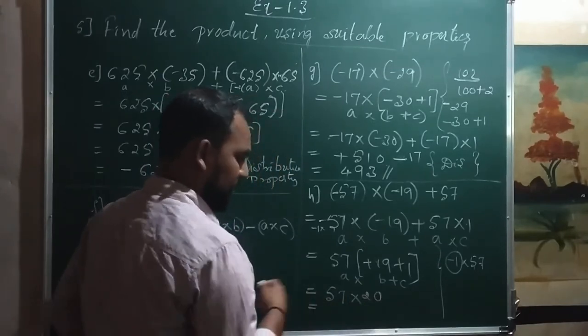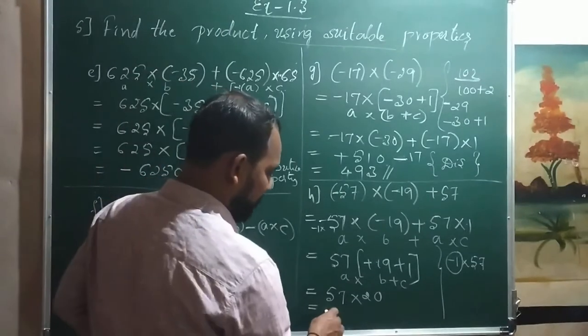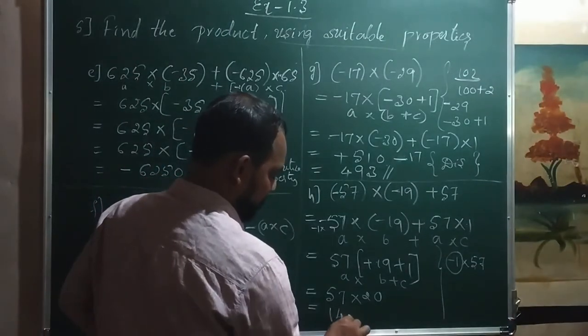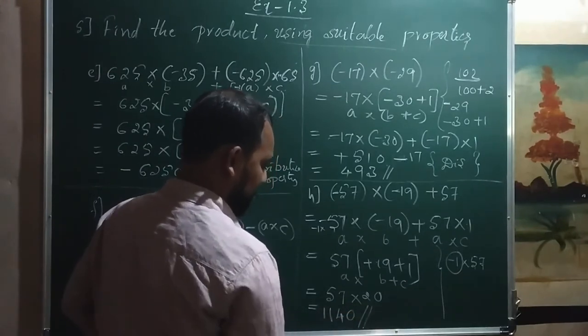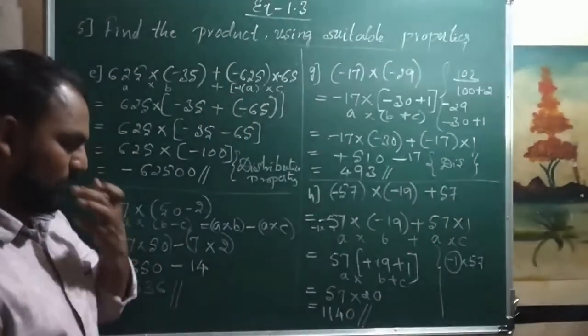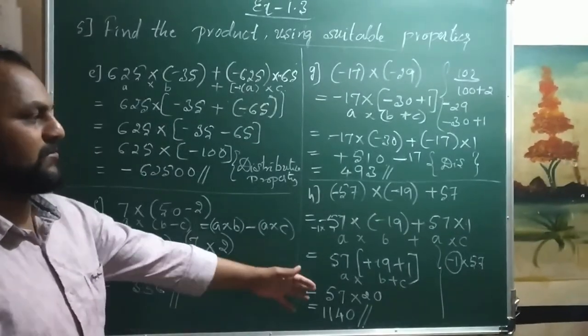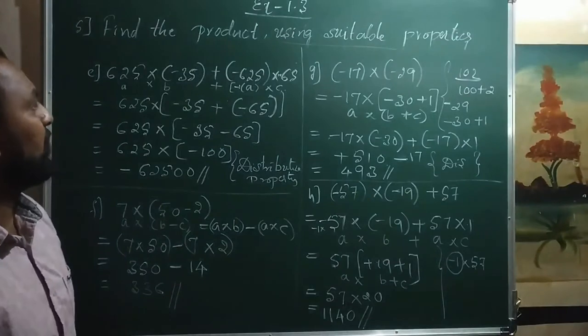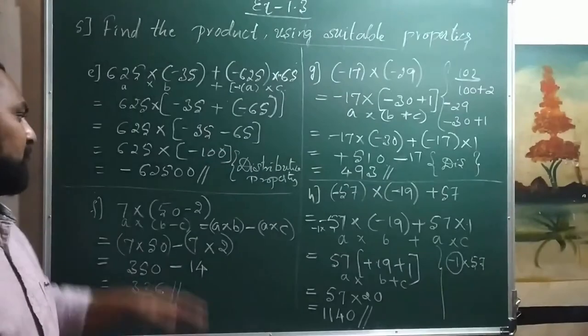Then 57 twos are 114, so 1140. Again, this is distributive. All by using the distributive property.